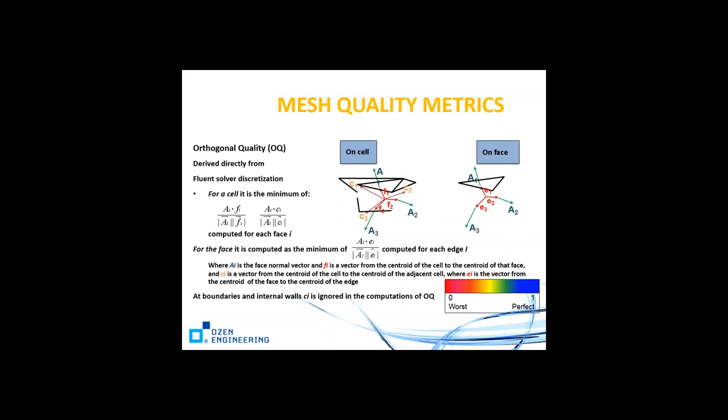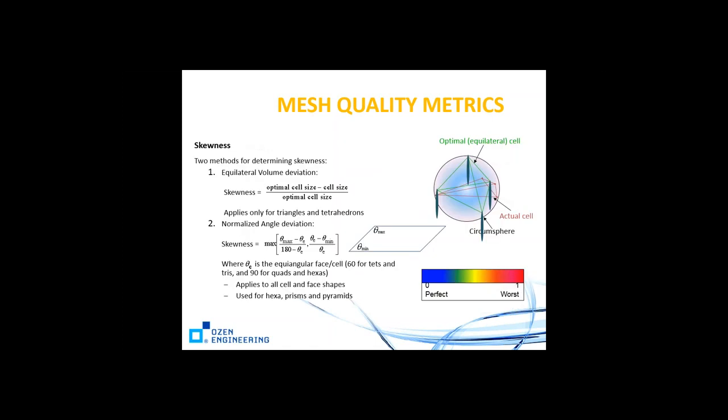So for orthogonal quality, you want elements that are close to 1. If your elements are close to 0, that's a worst case scenario. And then skewness is another thing you can check. This explains what skewness we are looking for.